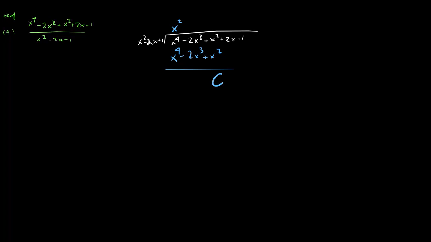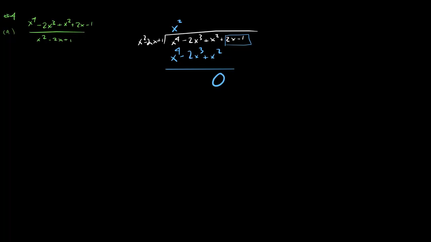So this is just 0. Then let's bring down the next term we have, and the next term is 2x minus 1, which is already a smaller degree than the x squared. So that's a remainder.